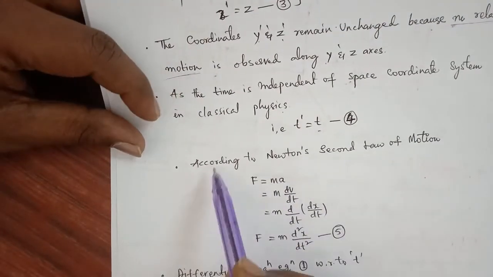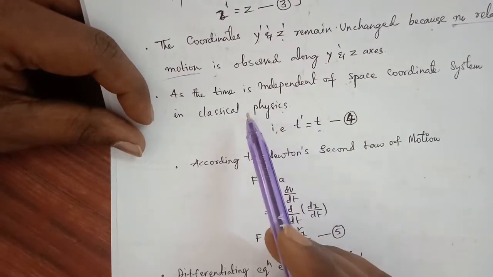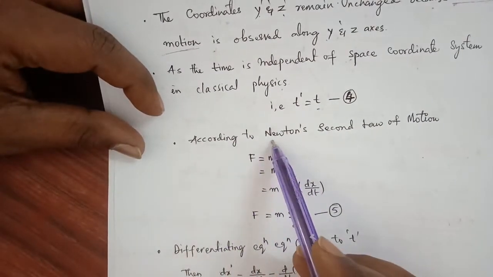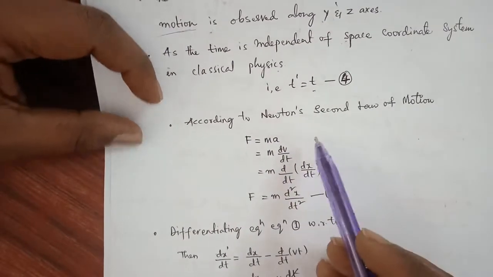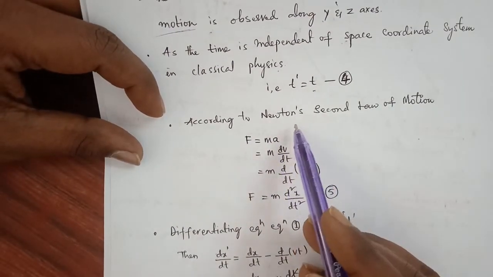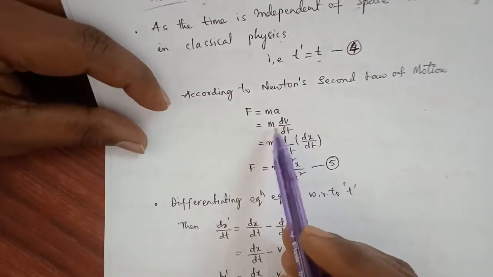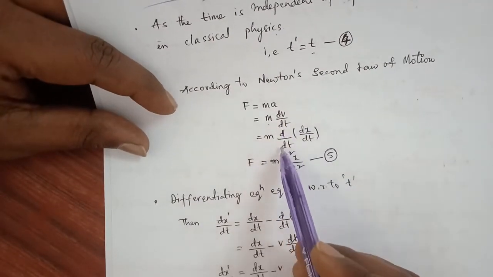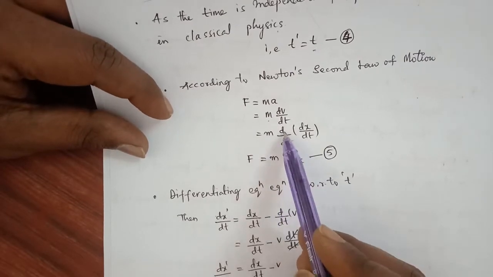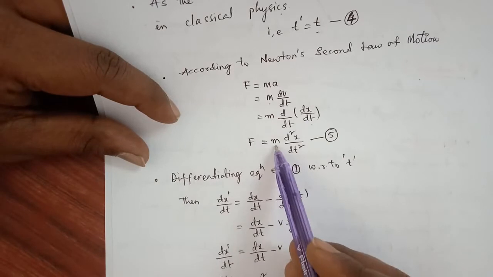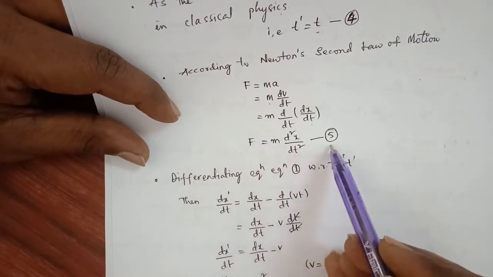Now let us see, as the body is moving, S and S dash are in motion. According to Newton's second law of motion, because they are in motion, F is equal to ma. F is equal to m into dv by dt, and m into d by dt of dx by dt. We can write it as F equals m into d square x by dt square.